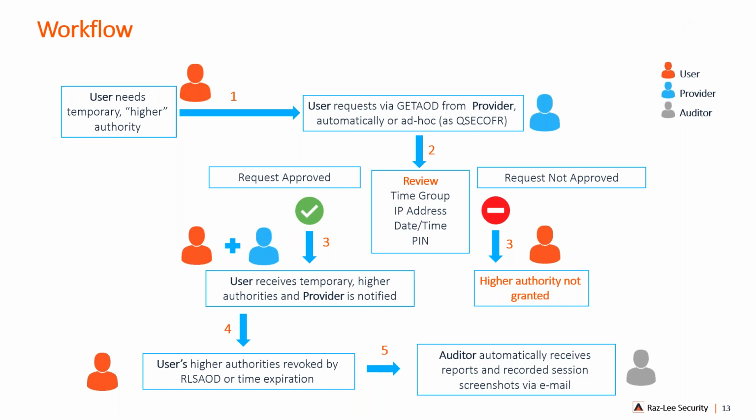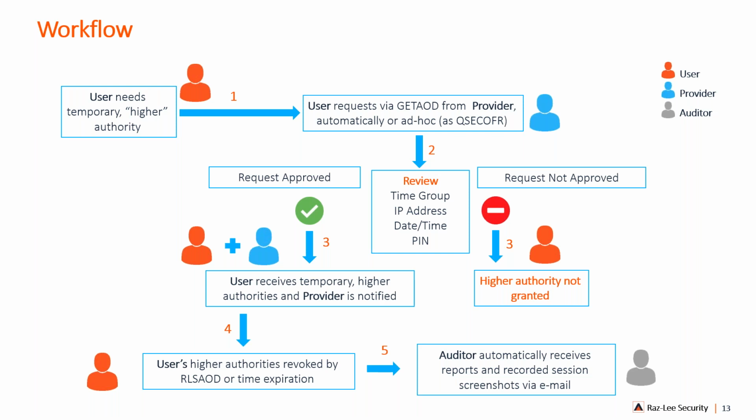A user needs a temporary high authority. He activates the get AOD command that is included inside the provider definitions. Okay. And the rule is already created, and the rule is defined with the time group, the period that it's possible to activate the rule, the IP address, and the PIN code. So if everything is correct, you can go to step number 3.